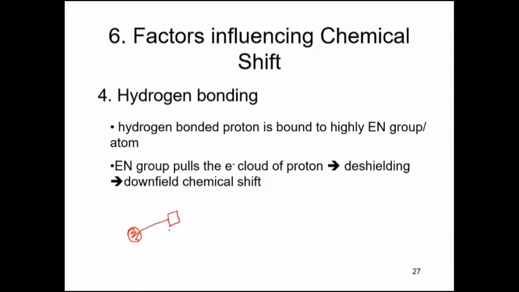Now there may be another identical molecule, which has a positive area and a negative area, and an intermolecular bond called a hydrogen bond forms between the two molecules. The electron-rich area has its electrons pulled by the electron-deficient center. So can I say the deshielding is occurring for this particular group? If it is deshielding, you will observe a downfield signal.